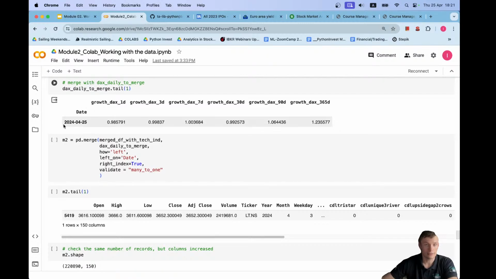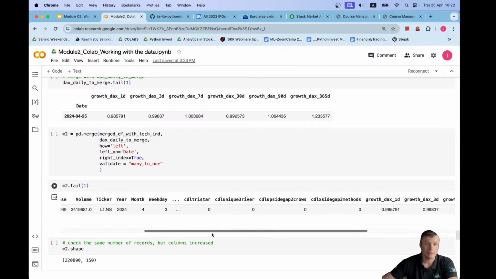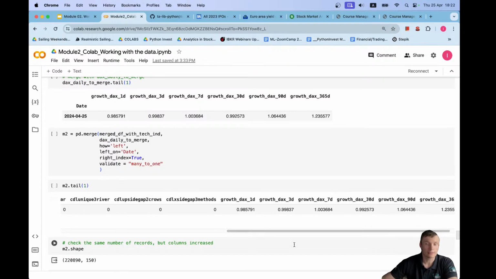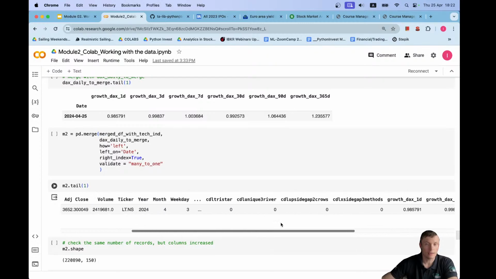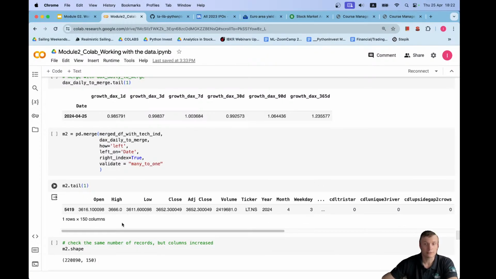So here it is an index. If you have a field defined, which is also called date or some other field, you can write right_on, and we validate many to one. In the end, M2 is 150 columns, and you see that there are 6 additional columns defined. And what is good, that they are not none, they are filled, they are correct.